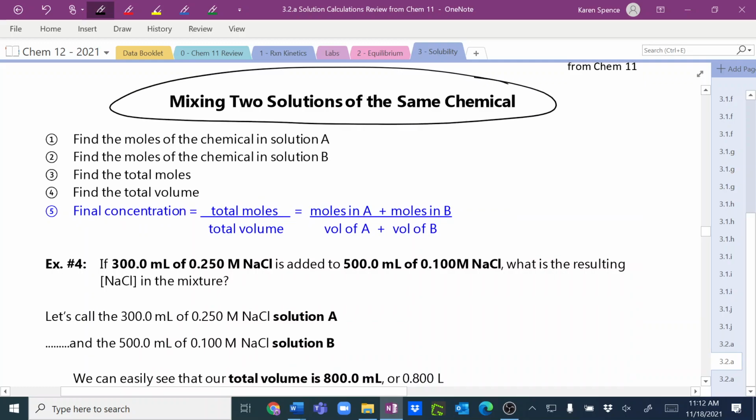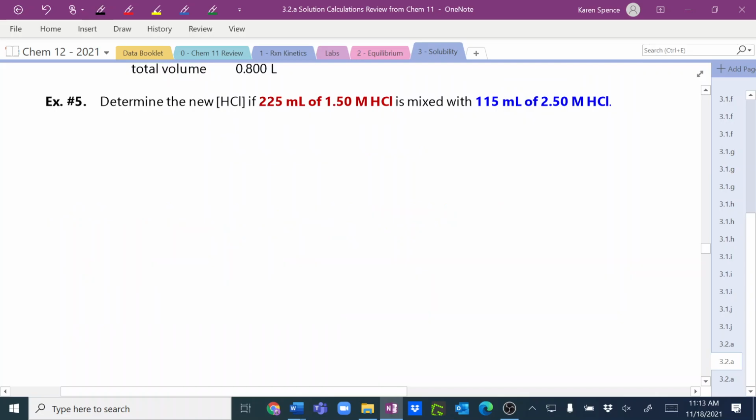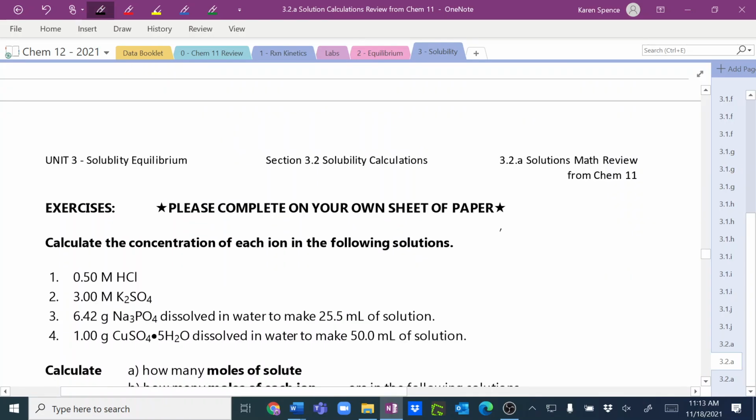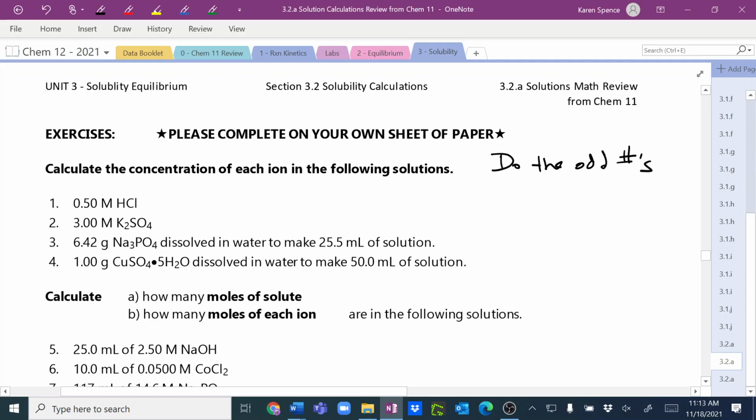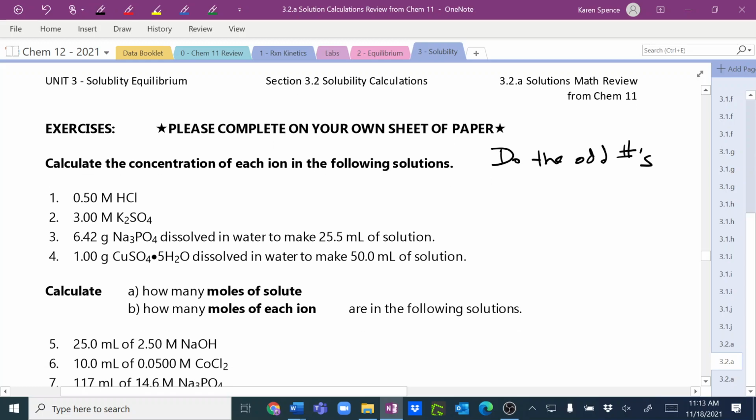Again, I think it'll be just better if you get some practice in, and we can go over this next day if you run into difficulties on it, okay? So just go ahead and do the odd numbers. And if you get stuck anywhere, call me over and I will help you out.